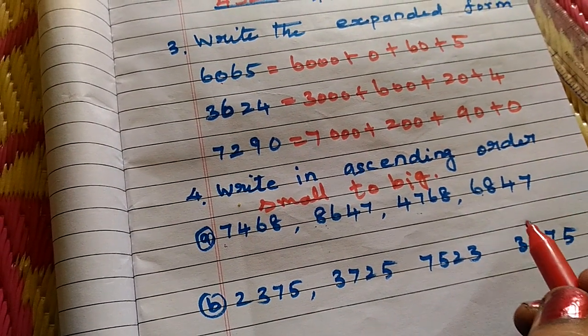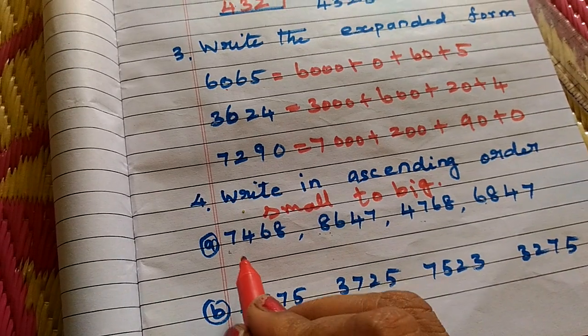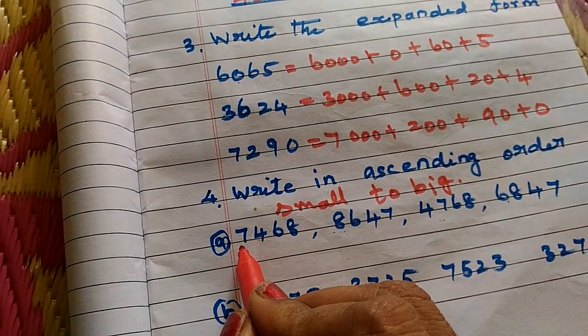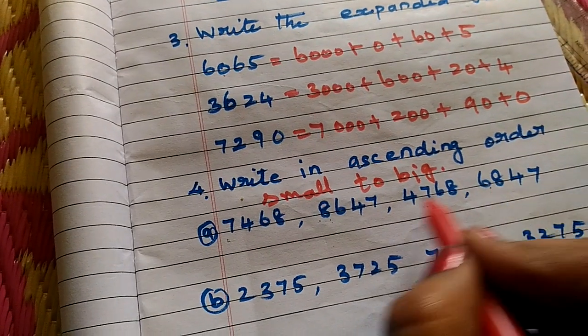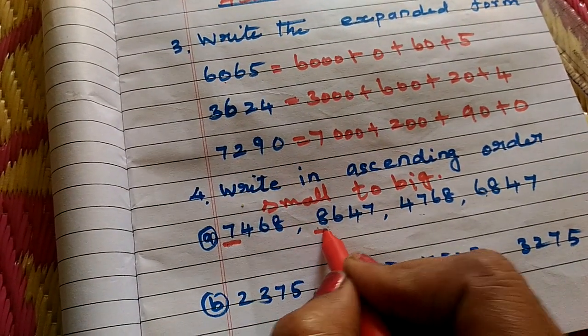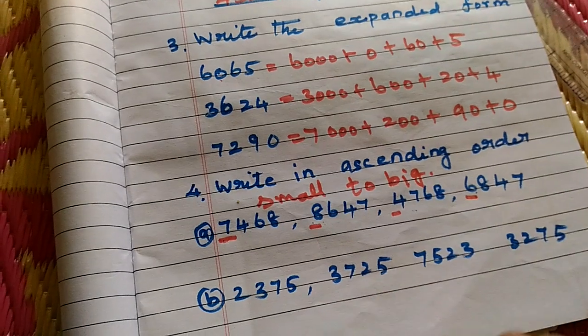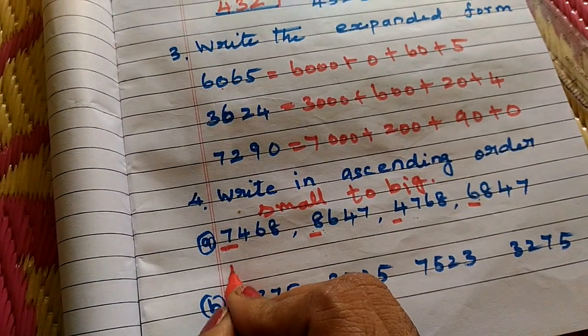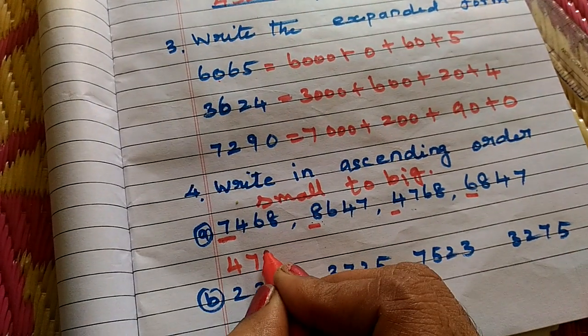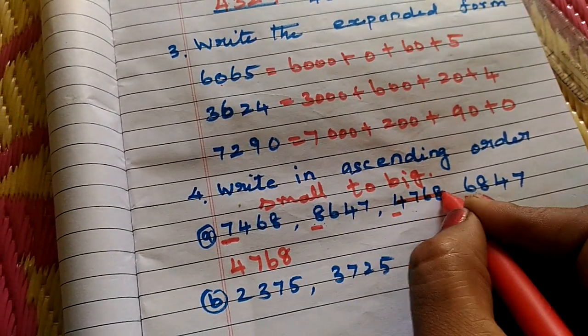Which one is the smallest number? Look at the thousands place: 7000, 8000, 4000, 6000. 4768 is the smallest number.